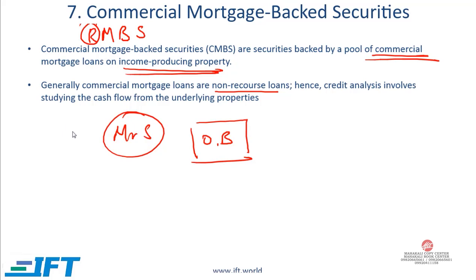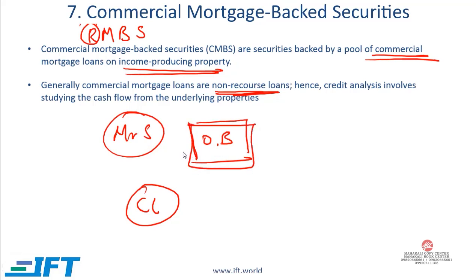The point now is this: when the bank issues the commercial mortgage loan, and let's say that commercial loan becomes part of a pool that is used to issue commercial mortgage-backed securities, and for some reason Mr. Smith defaults over here, then non-recourse means that the bank can only go after this particular office building.